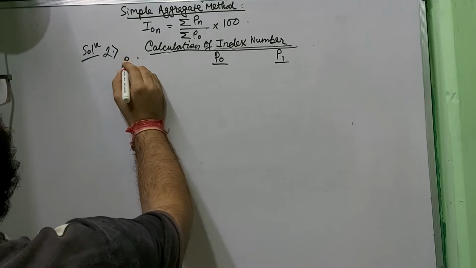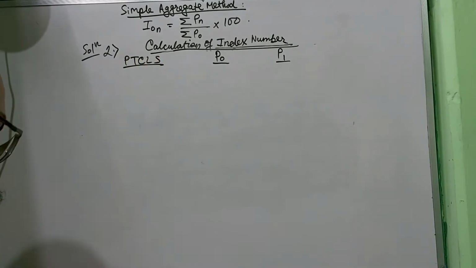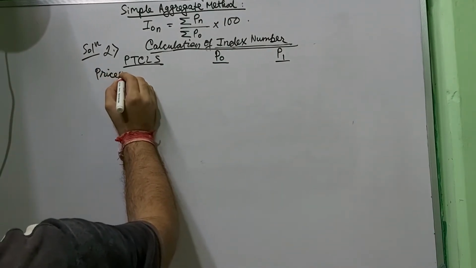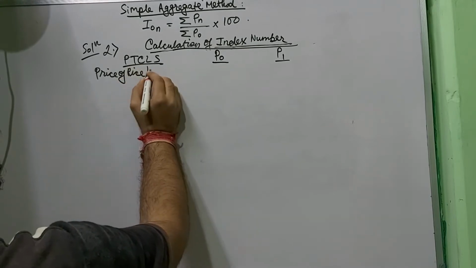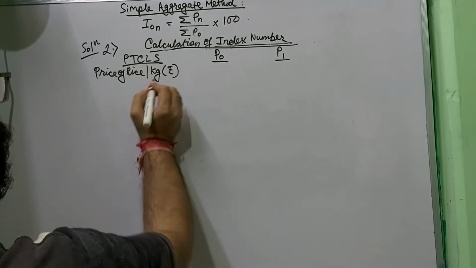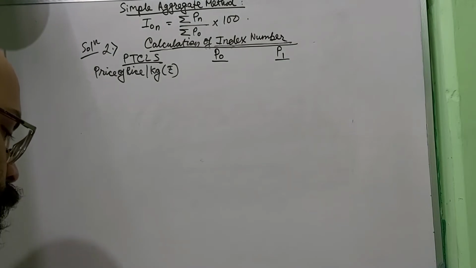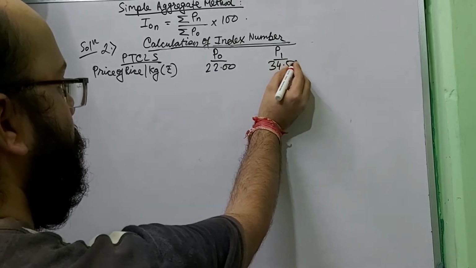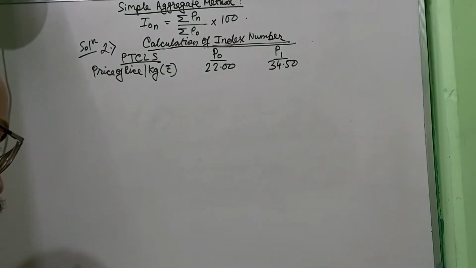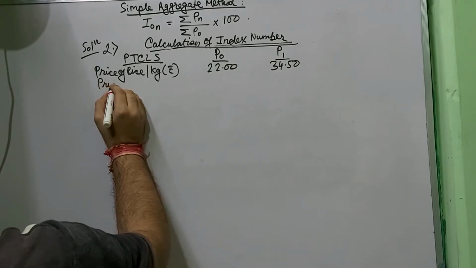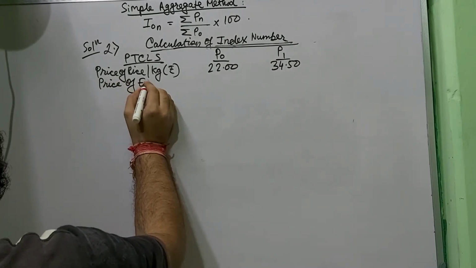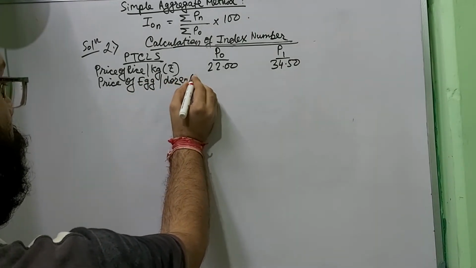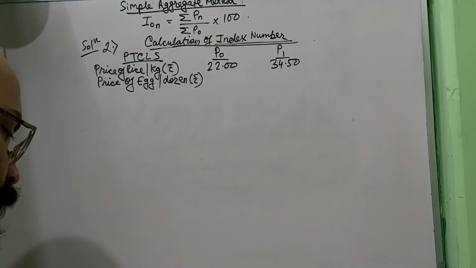Under particulars you can write price of rice per kg, the amounts given are 22 and 34.5, and price of egg per dozen, 31 and 45.5.